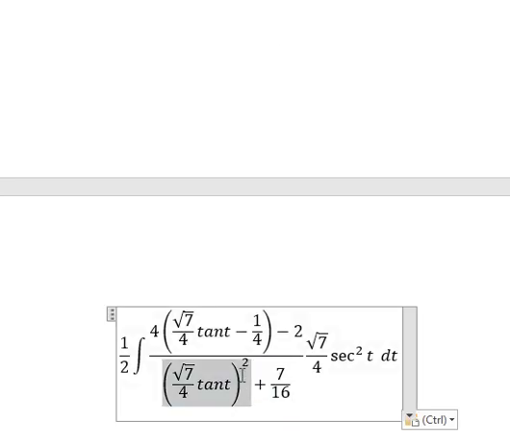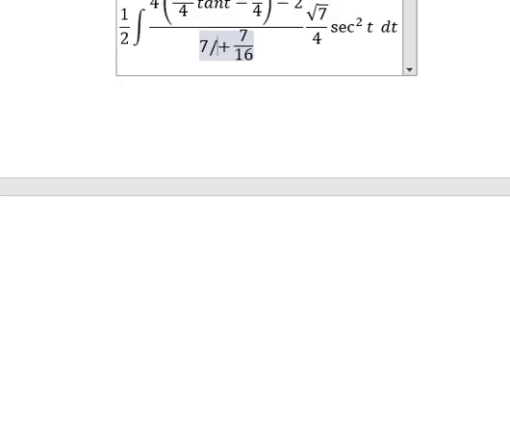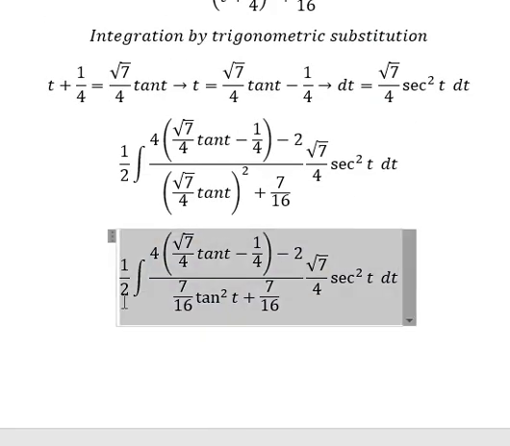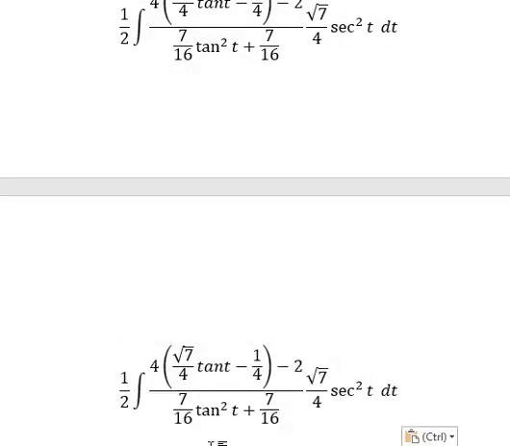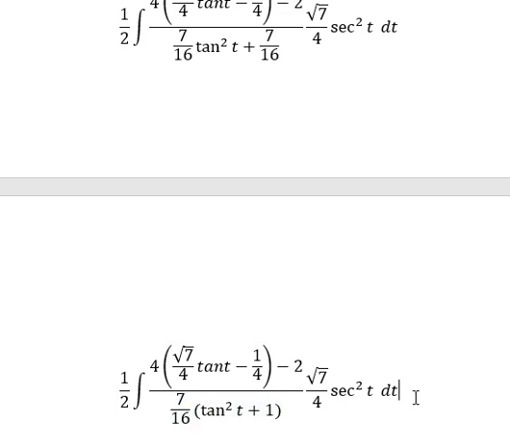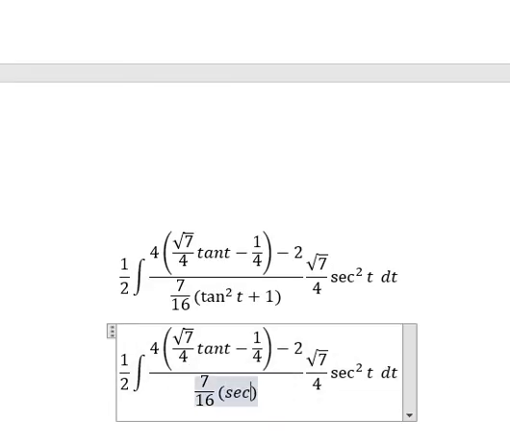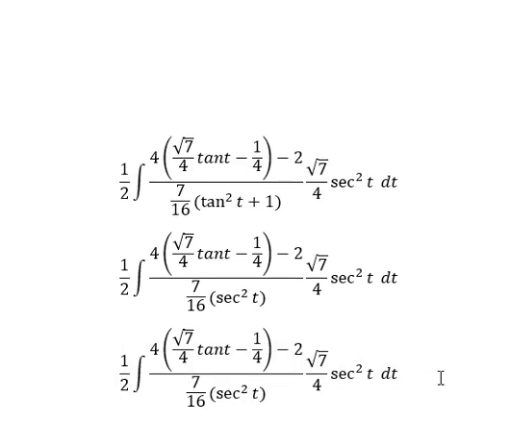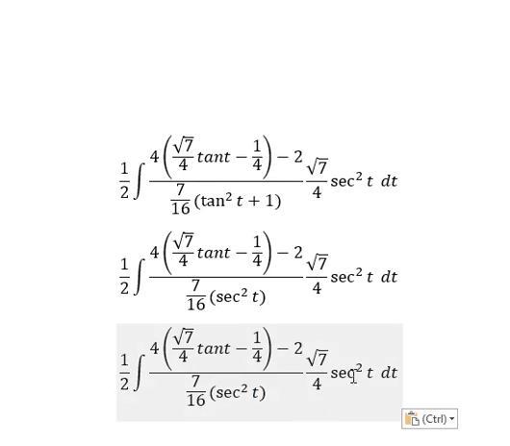So this one we get 7 over 16 tan t square. So we have 7 over 16, 7 over 16. We can do factorization. So this one we change for secant of t square. And now we simplify secant of t square.